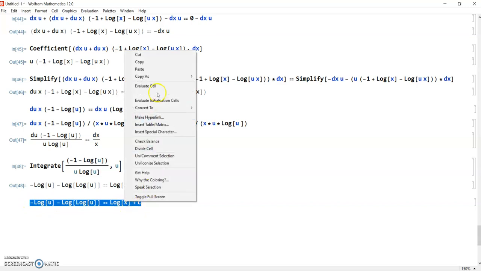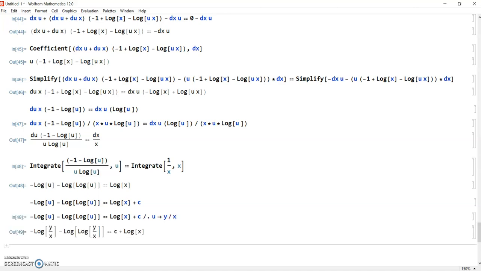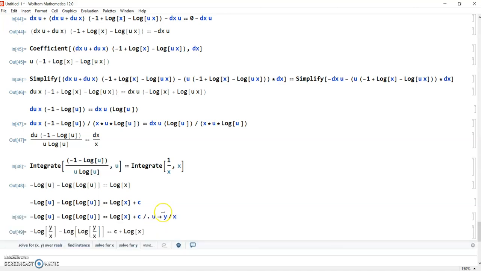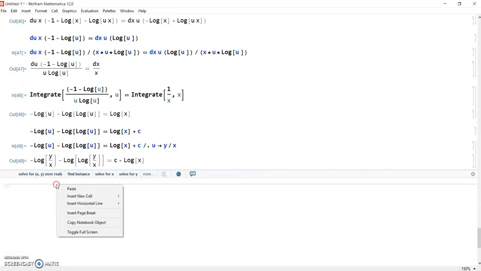Okay, so in the next step I will put the replace parameter over here, and then I will replace u with y over x. So it will be this. So this will be the implicit solution.